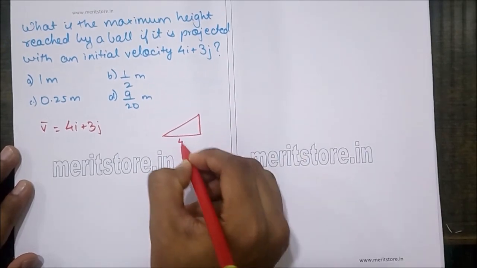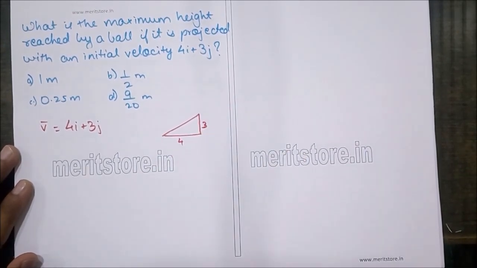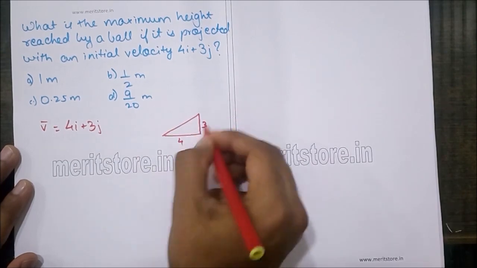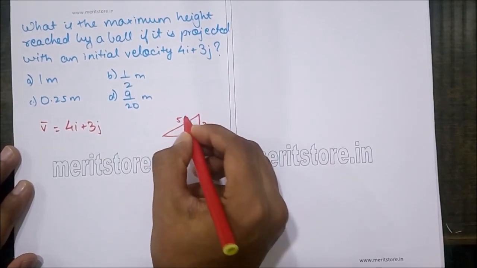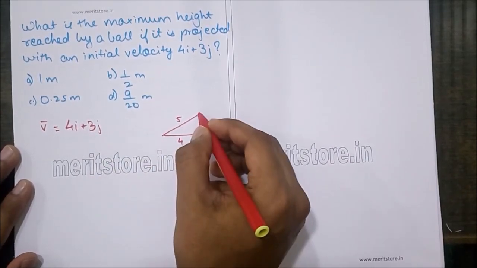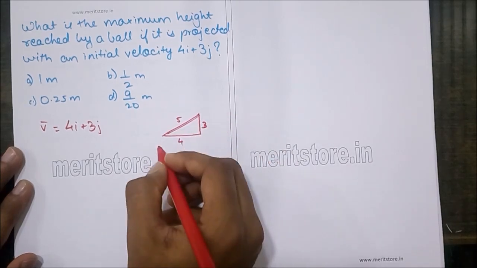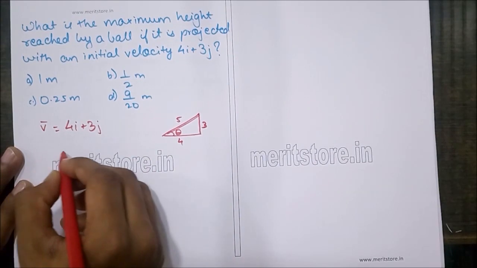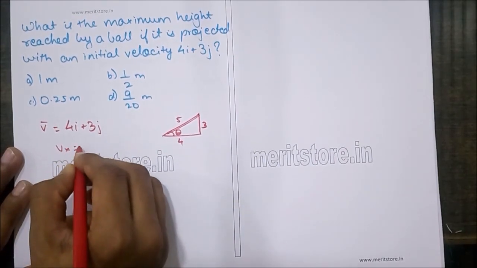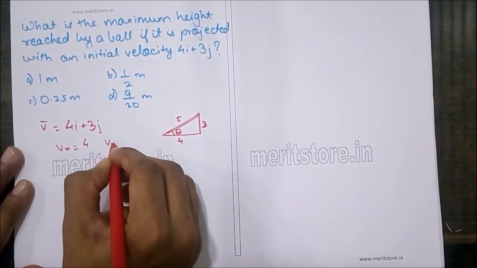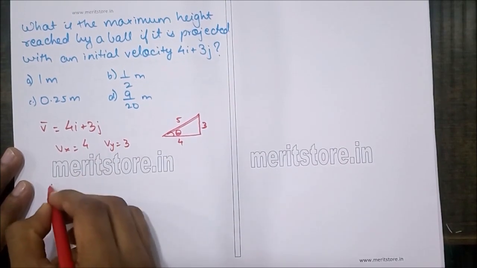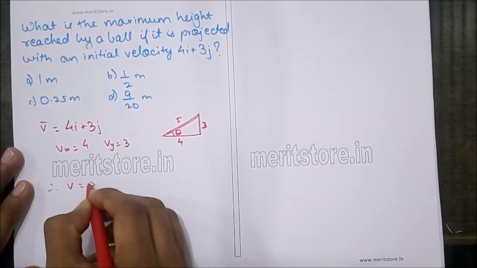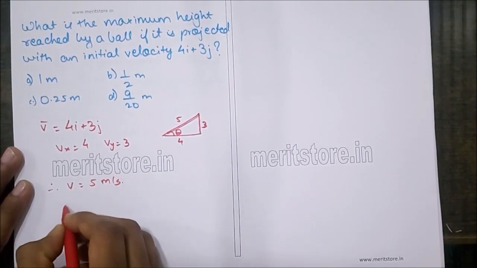The horizontal component is 4, the vertical component is 3. So by Pythagoras theorem, the hypotenuse would be 5 units and the angle of projection is theta. Therefore, V would be 5 meters per second.